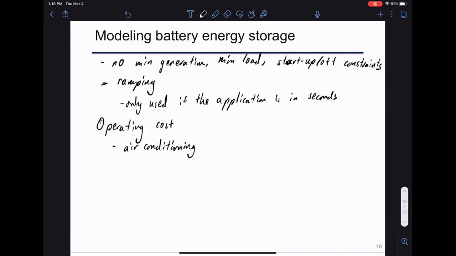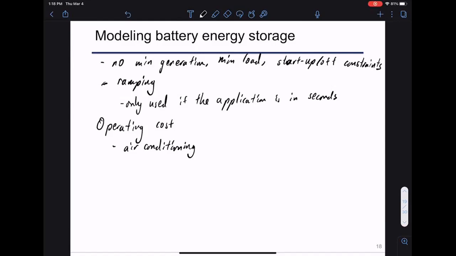If you go to, for example, a data center using a battery as a UPS, and their topology has a big UPS at the front end, then that's in a climate control room. They have to cool it, right? So this is actual money you have to pay to operate the battery. This is additional air conditioning cost.